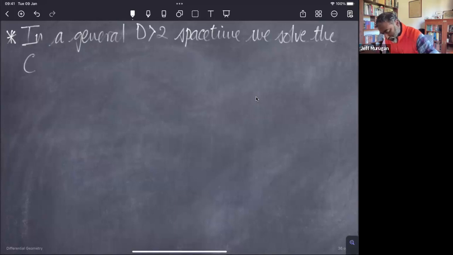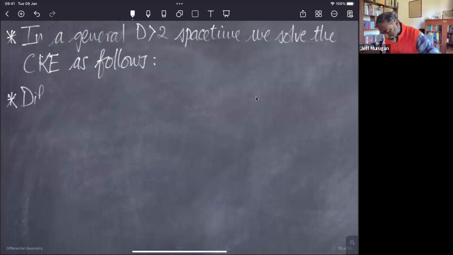I'm going to abbreviate that conformal killing equation as follows. We'll start off by differentiating. And what I'm doing here is I'm imitating what we did in 2 dimensions.